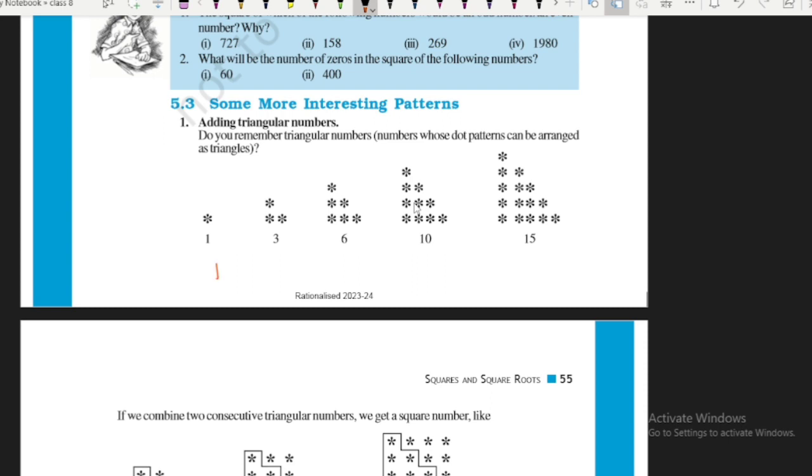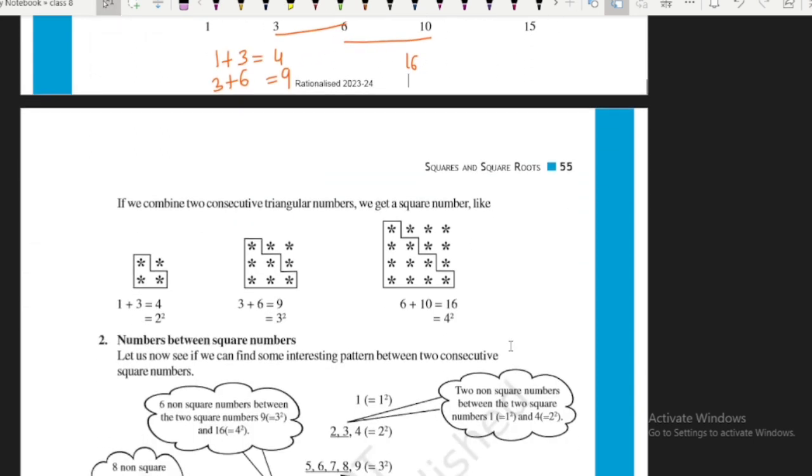For example, 1 plus 3 we get 4, 3 plus 6 we get 9, and 6 plus 10 we get 16. So the property is: if we combine two consecutive triangular numbers, we get a square number.